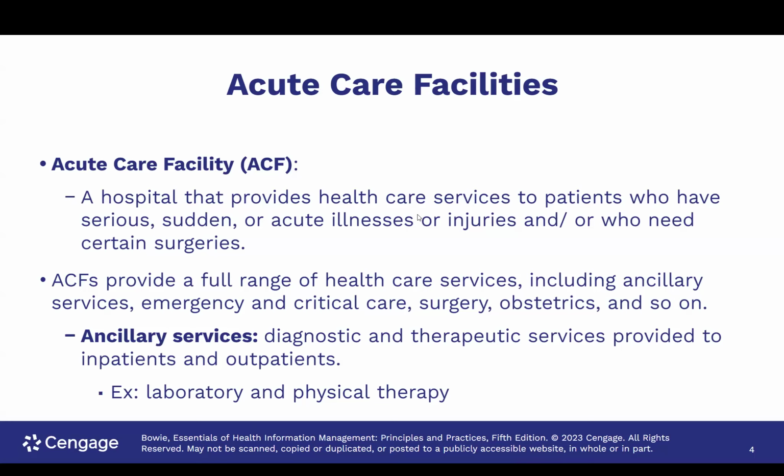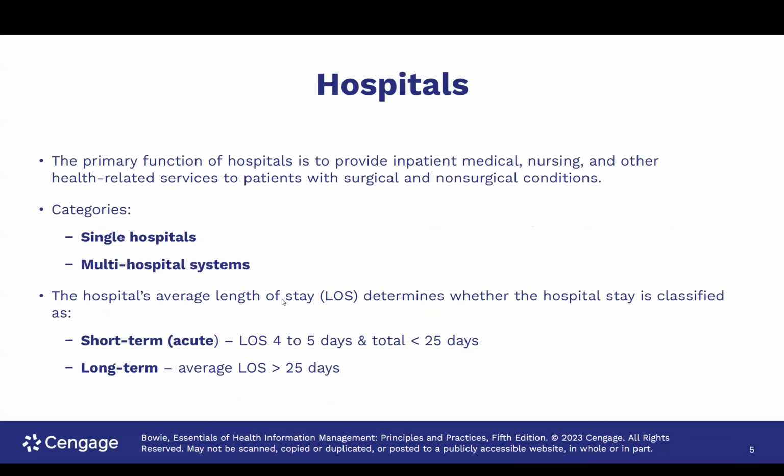This includes any diagnostic tests known as ancillary services, labs, imaging, emergency, critical care, surgery, labor and delivery, and so on. The primary function of hospitals is to provide inpatient medical, nursing, and other related care.